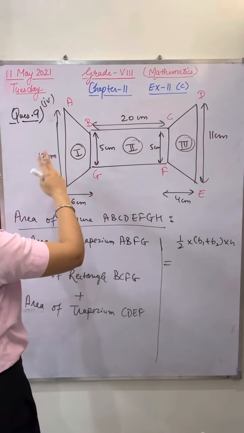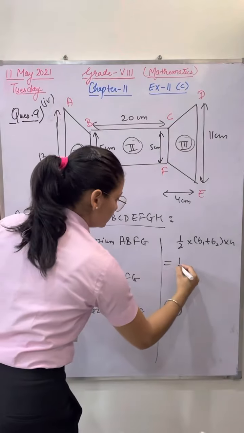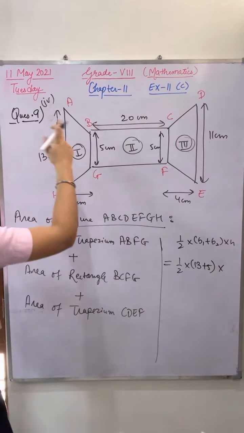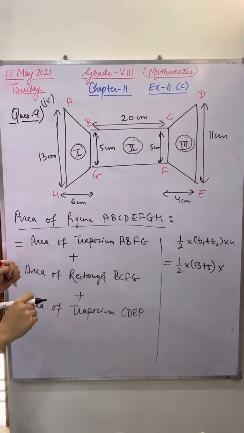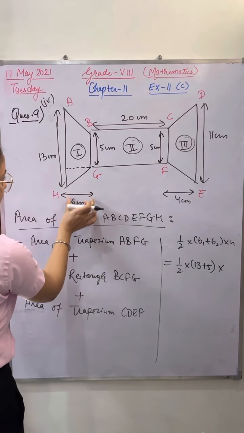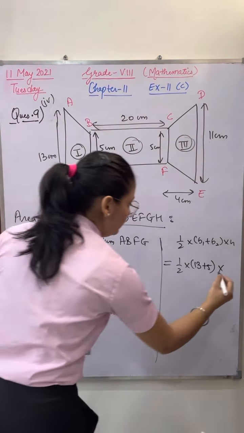B1 is 13 centimeter and B2 is 5 centimeter. And what is the height of the trapezium? This is the height. Height is 6 centimeter.